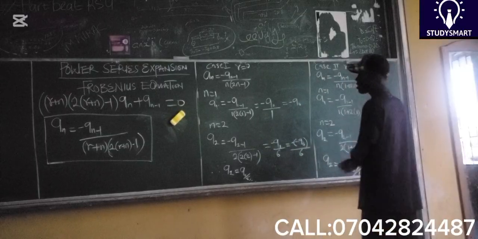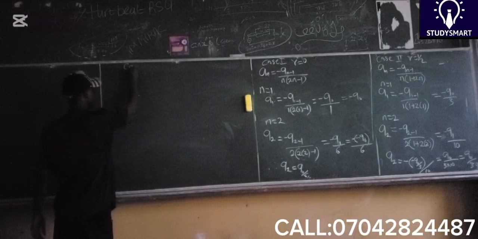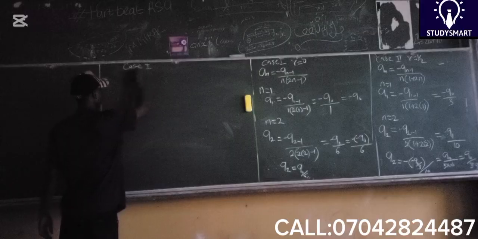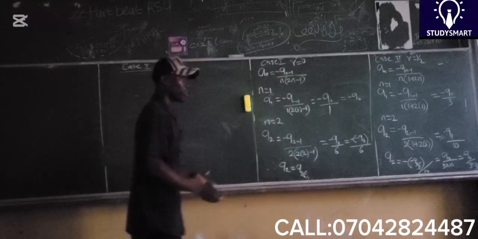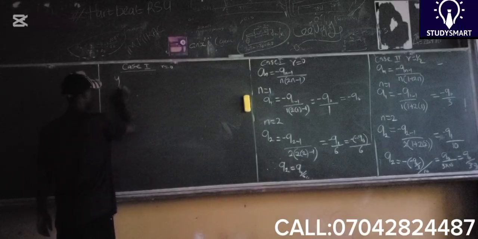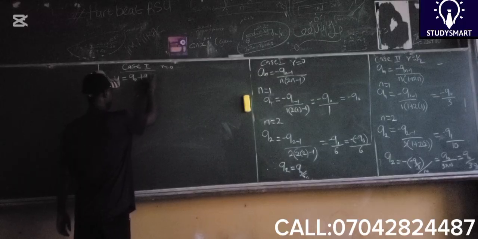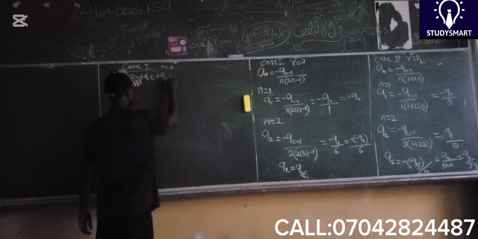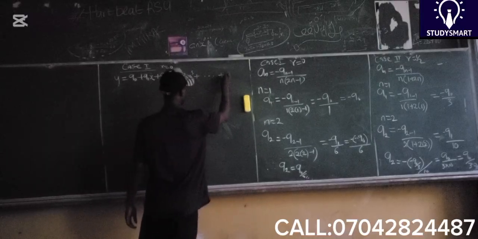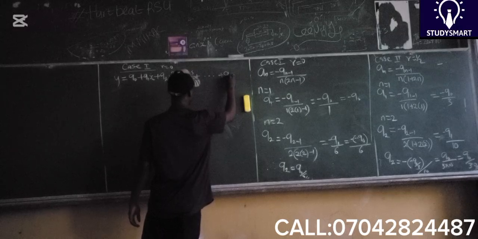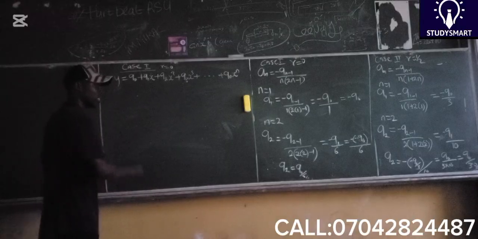So we've known this series. We are going to be combining this series for case 1 and case 2. For case 1, the power series expansion where r equal to 0, recall that y will be equal to A naught plus A1 x plus A2 x squared plus A3 x cubed, continuing to the form of A n x to the power n.